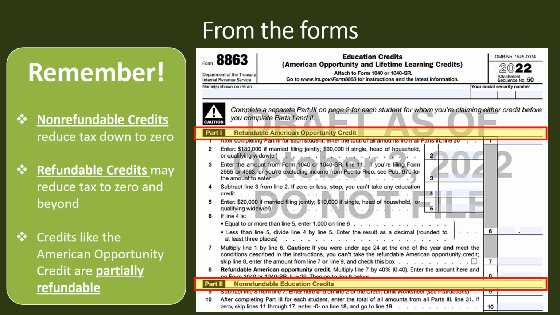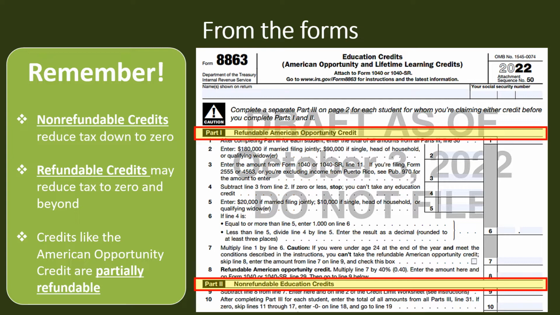Then we look at how that information will flow onto our return. It flows onto this Form 8863, which is for our education credits, American Opportunity and Lifetime Learning, both of them. And you'll notice it has a couple of parts. It has the part that's for the refundable American Opportunity Credit and the non-refundable education credits.